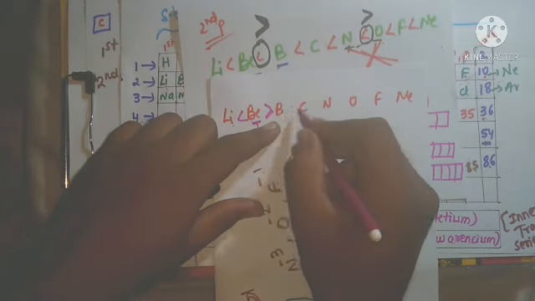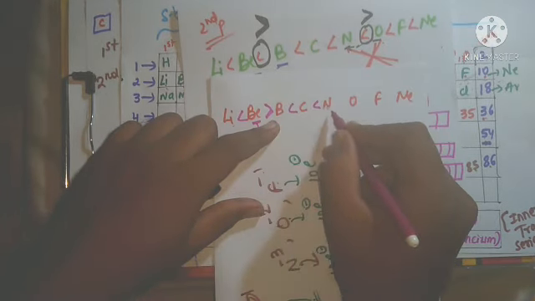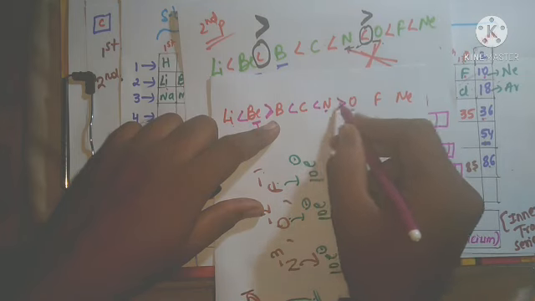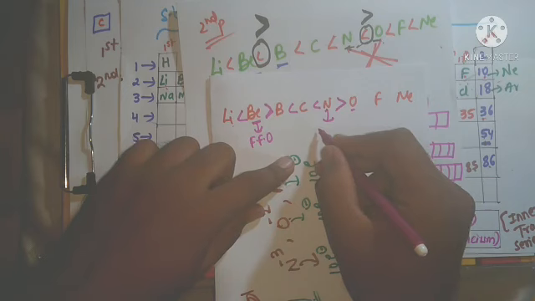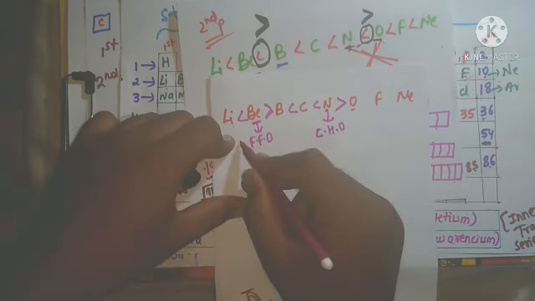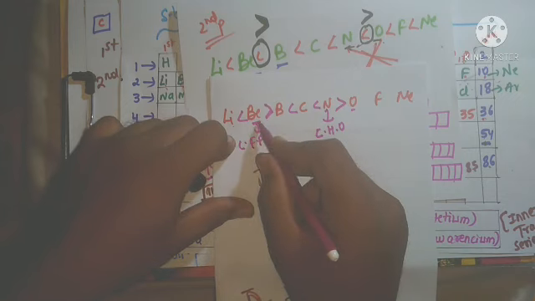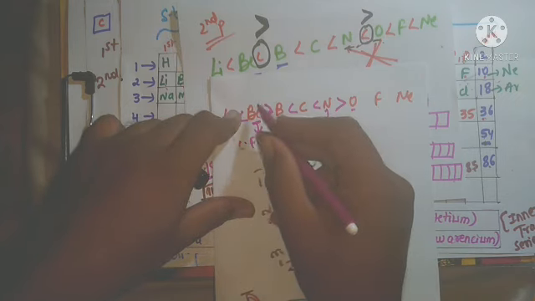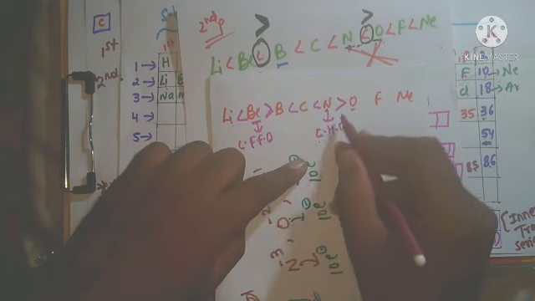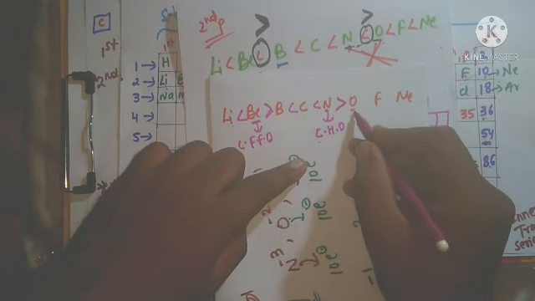Again along the period it increases, but from nitrogen to oxygen the ionization potential decreases, because nitrogen has completely half-filled orbitals. Here completely full-filled orbitals for the beryllium, therefore it has more ionization potential than the boron. Here nitrogen has completely half-filled orbitals, therefore it has more ionization potential than oxygen.